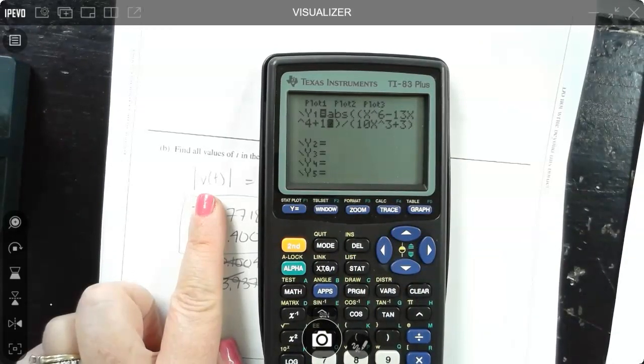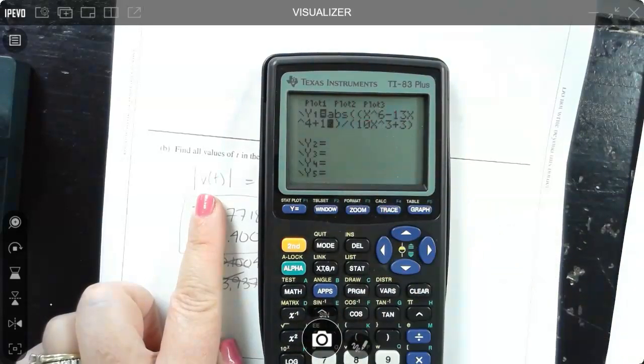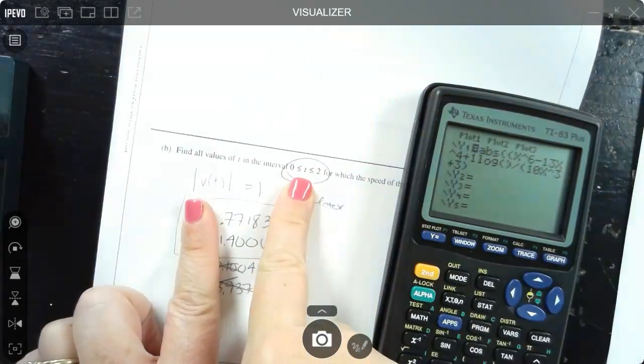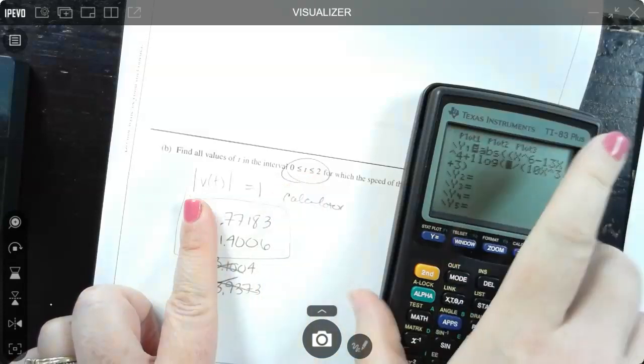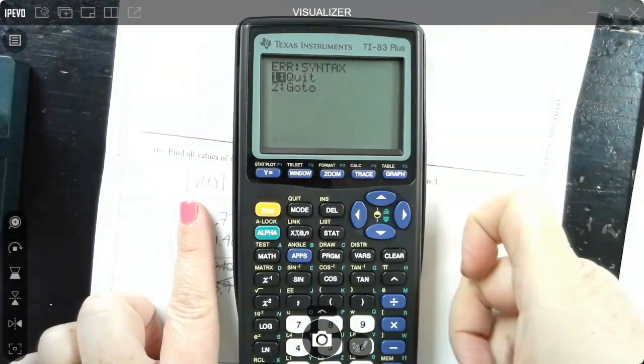You know what I'm saying? Full time saving. I did absolute value, and whenever I did a window, I made sure to stay between 0 and 2 because that's what my range was. So I did a zoom 6 to start.